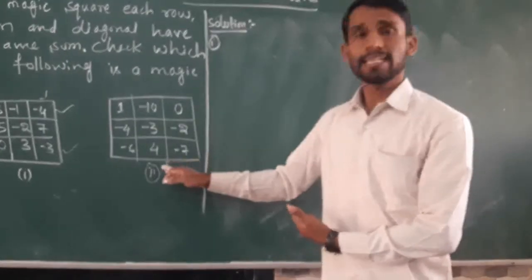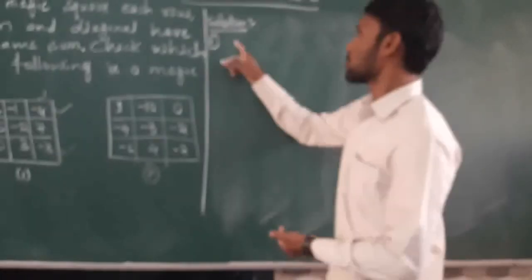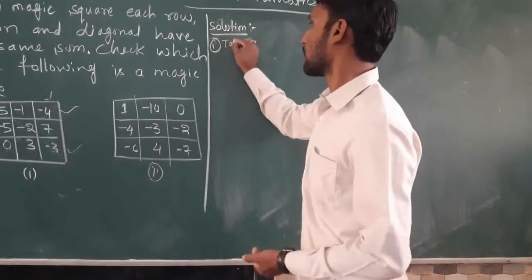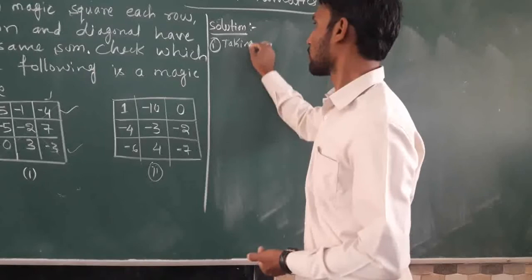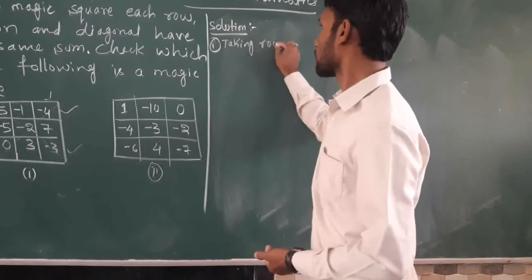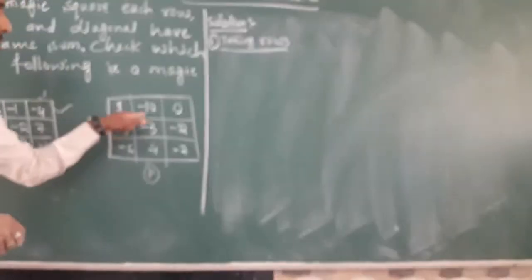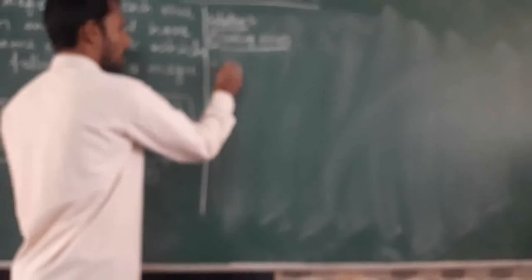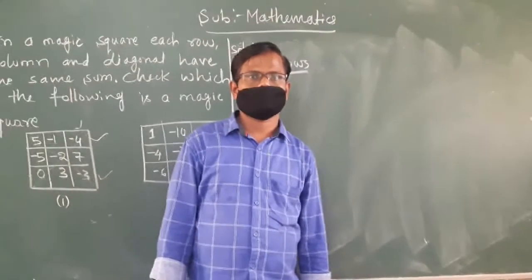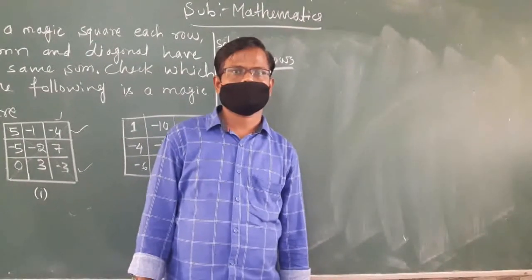Solution. Taking rows. First one I am taking is 1, minus 10, 0.